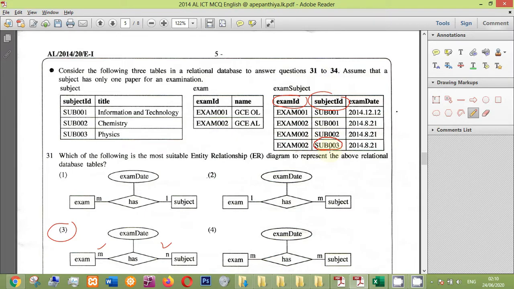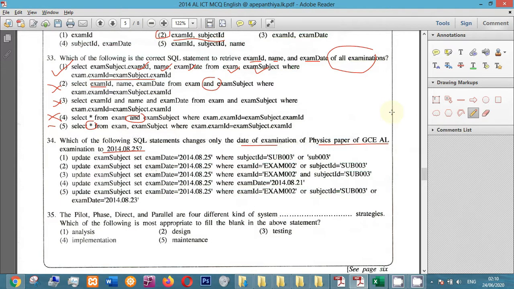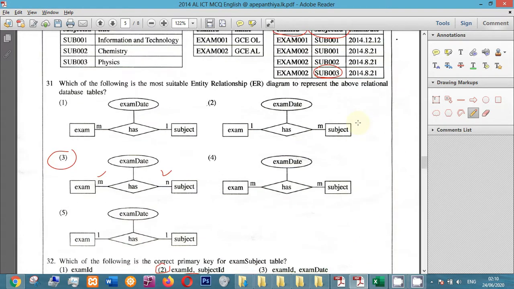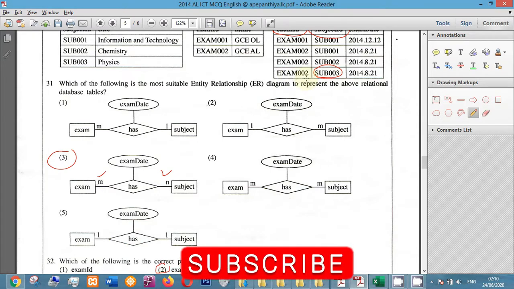If you are changing the exam date, it should be the exam subject table, but we can't just take the subject ID because the primary key consists of both the fields, right? So we need to pass both the exam ID and the subject ID in order to change the exam date. And here it's an A-level subject, so it should be exam 002. So we need to pass both of them.